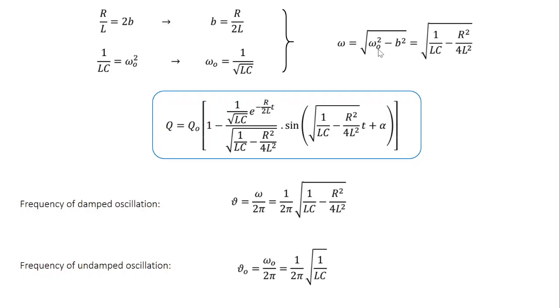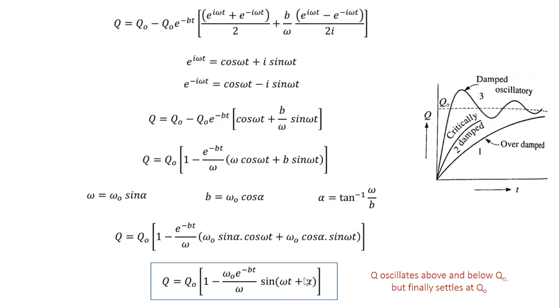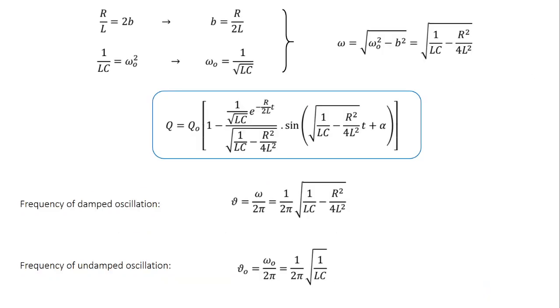Omega is square root of omega naught square minus B square. Substituting for omega naught and B, you get square root of 1 by LC minus R square divided by 4L square. So this equation we can rewrite as Q equal to Q naught into 1 minus 1 by square root of LC e to the power minus R by 2L into T divided by square root of 1 by LC minus R square by 4L square into sine of square root of 1 by LC minus R square divided by 4L square T plus alpha.